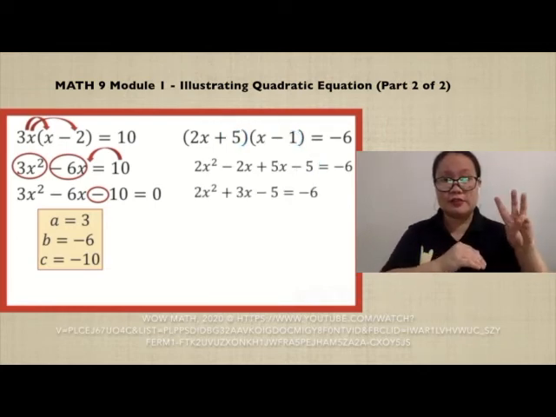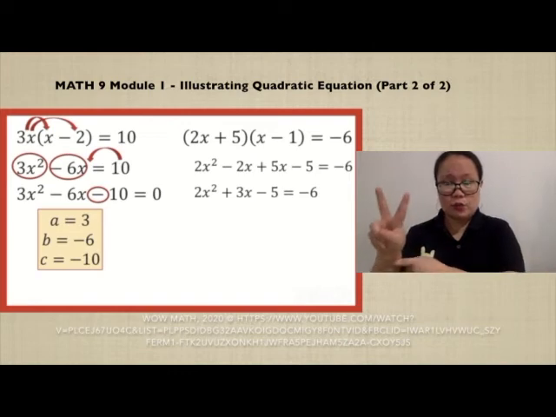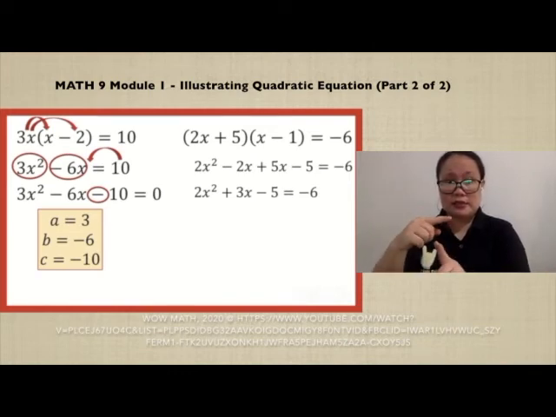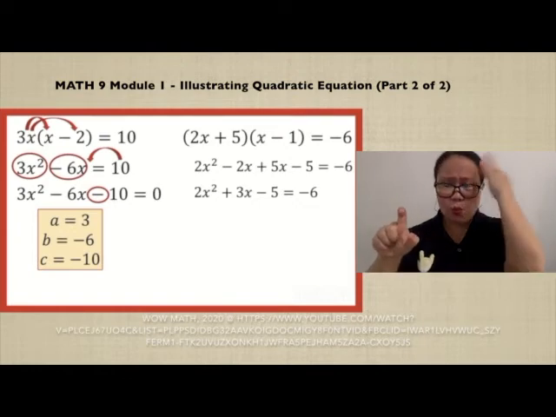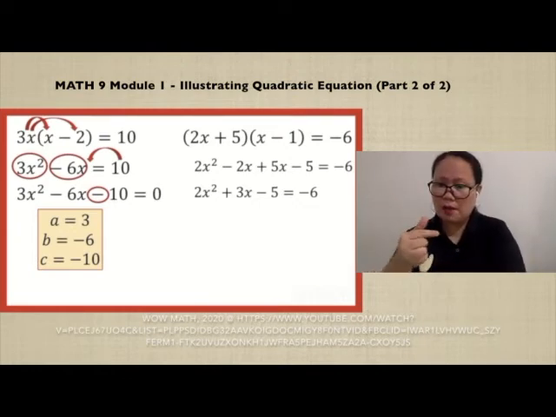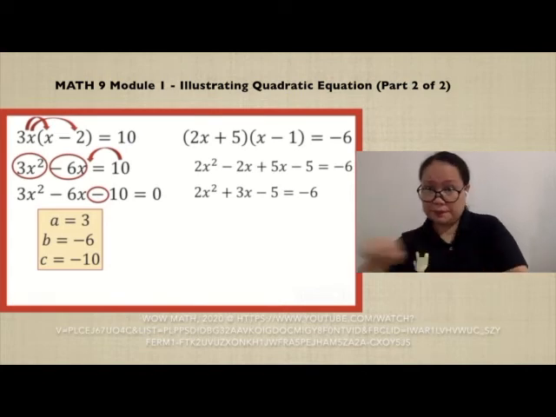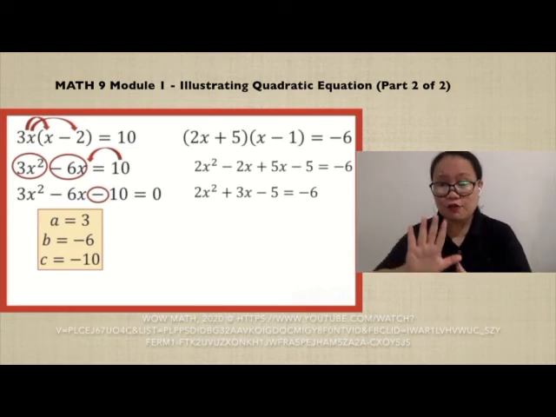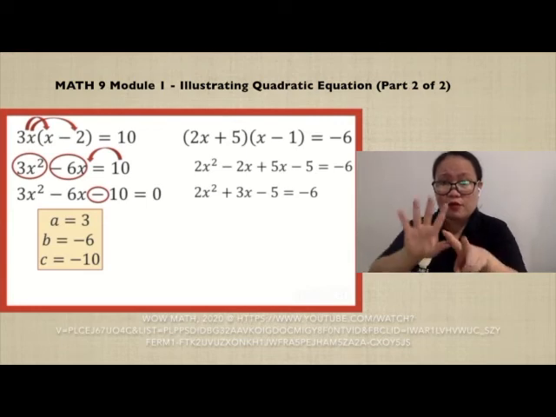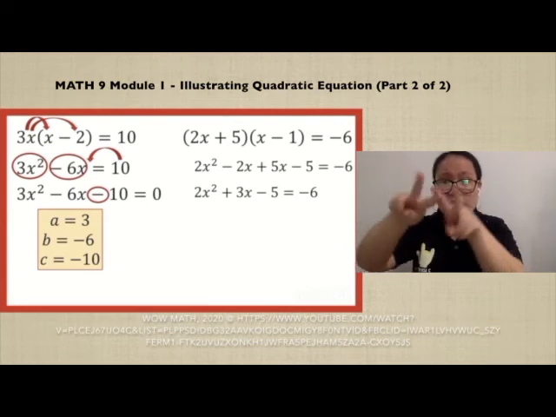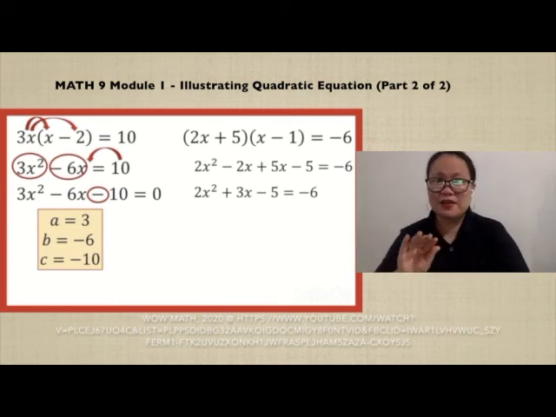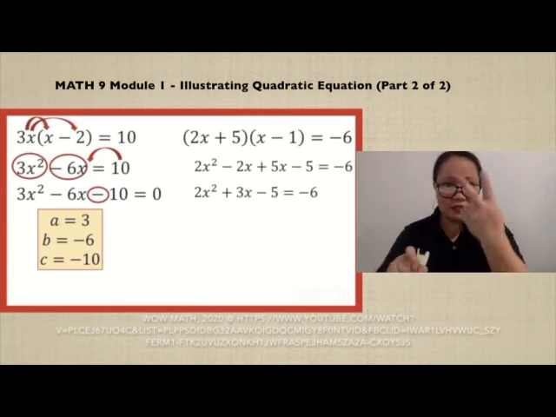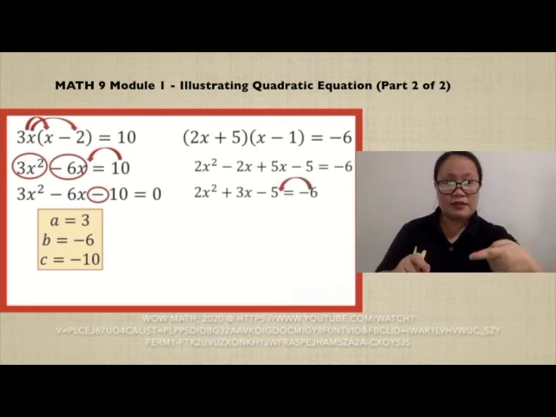So we will now have 2x squared plus 3x. Bakit? Kasi meron tayong negative 2 and positive 5. So magiging positive 3x. So, bakit positive 3? Because the absolute value of 5 is bigger than the absolute value of negative 2. And then, bring down negative 5, bring down negative 6. Next, so ililipat natin si negative 6.